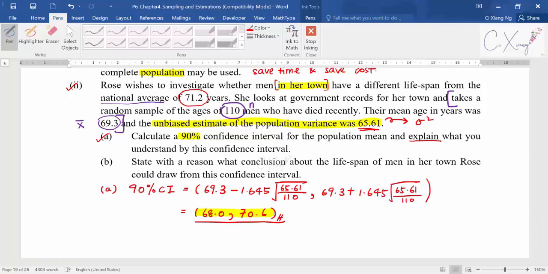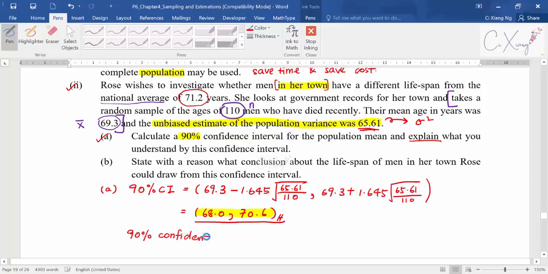There's a standard answer actually, so you can just write it out like that: we are 90% confident that the population mean lies between these two values, 68.0 and 70.6.